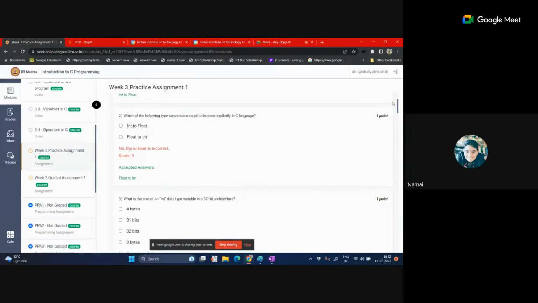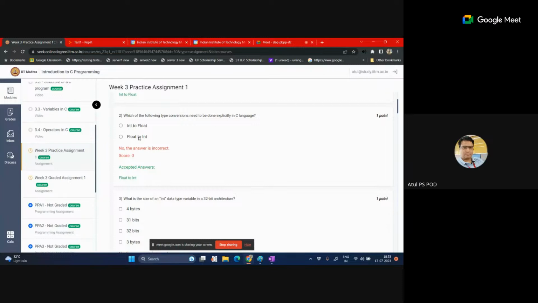Which of the following type conversions need to be done explicitly in C language? Int to float and float to int. Sir, I don't remember this being explained in the class, so I'm not sure what this means.